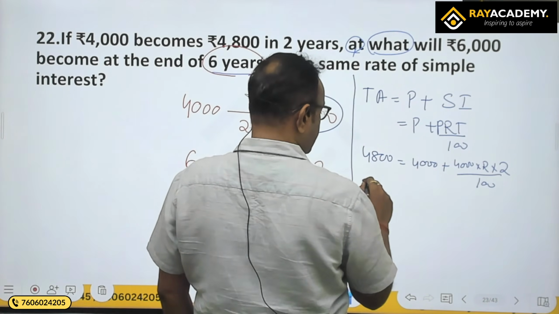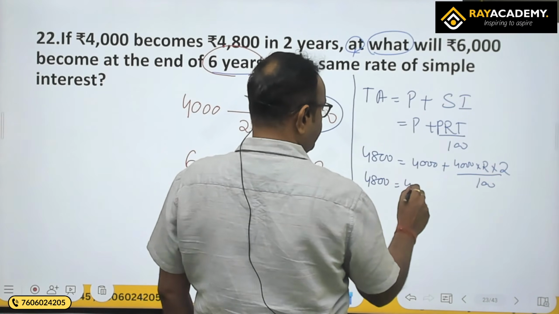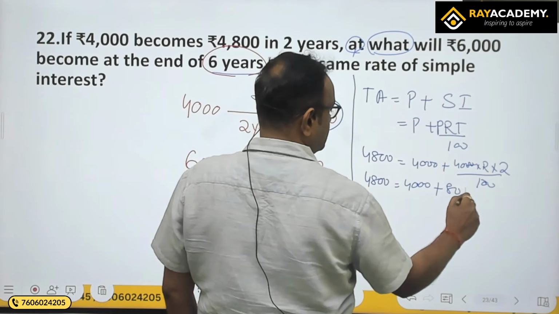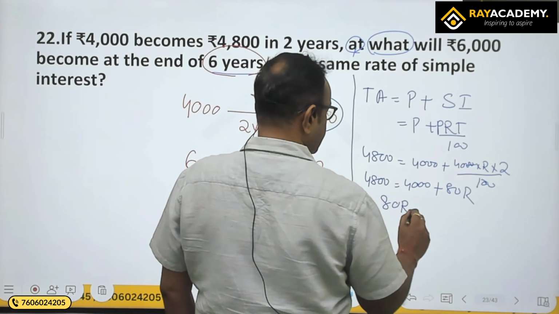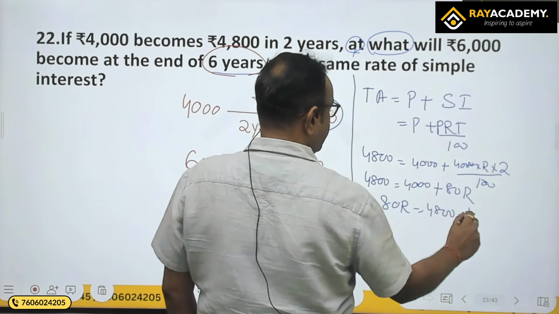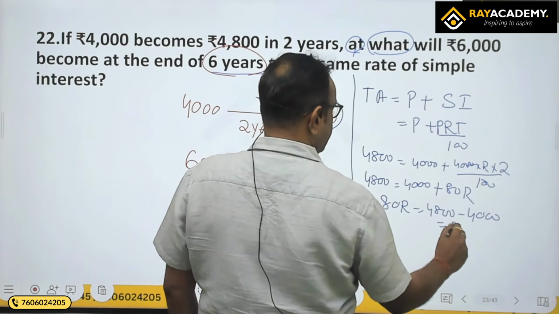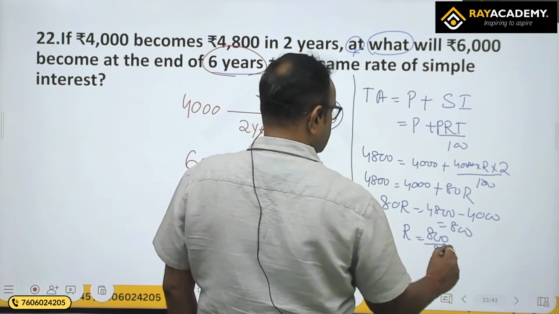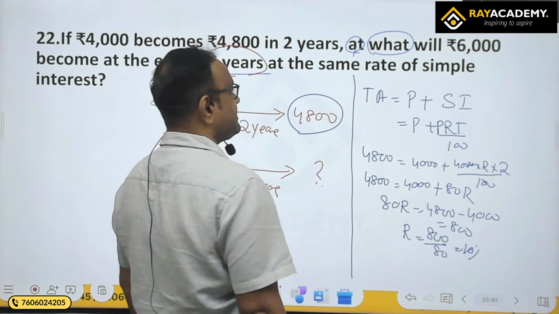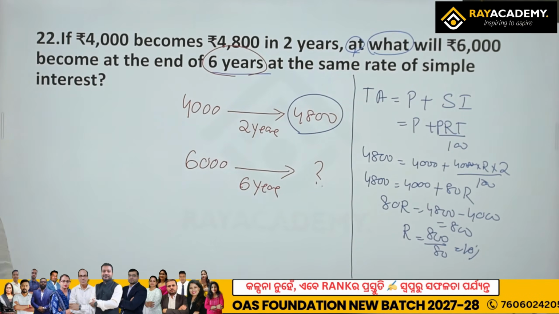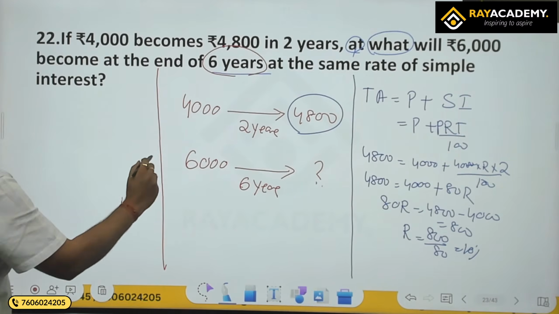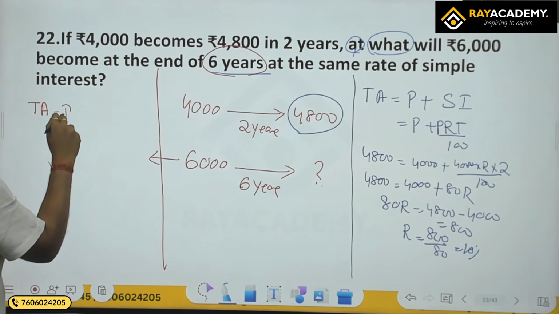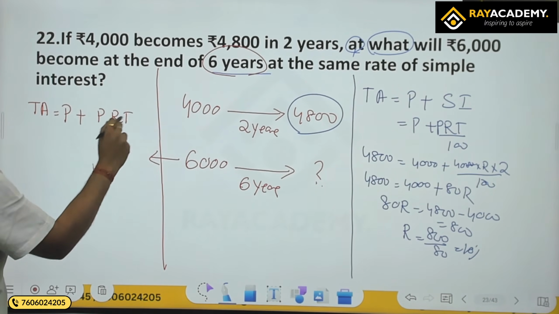So what are you getting? 4800 equals 4000 plus, R gets cancelled, 80R. So 80R equals 4800 minus 4000, that is 800. So R is 10%. If R is 10%, then in this particular scenario we find the total amount, again with the same formula, P plus PRT by 100.